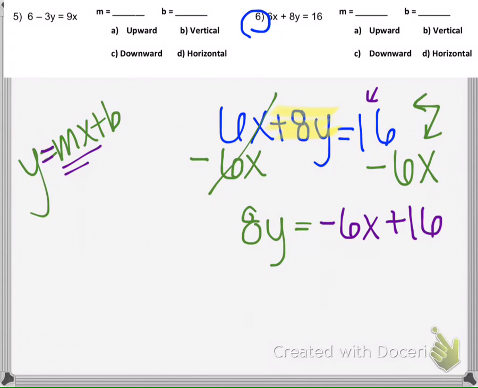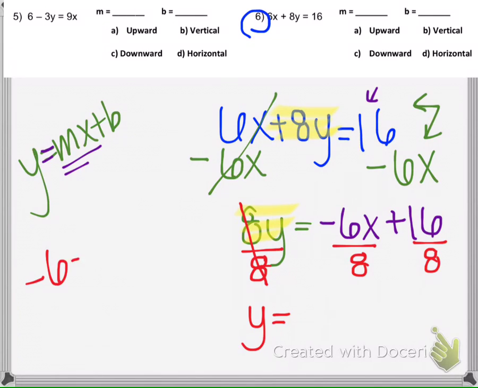And now the very last step, when I just have the number and the variable, the last step is to divide. So I'm going to divide everything by 8. So I get y equals, and then here I have a negative 6 divided by 8 right here. Well, a negative divided by a positive is a negative. So I'll have a negative here.